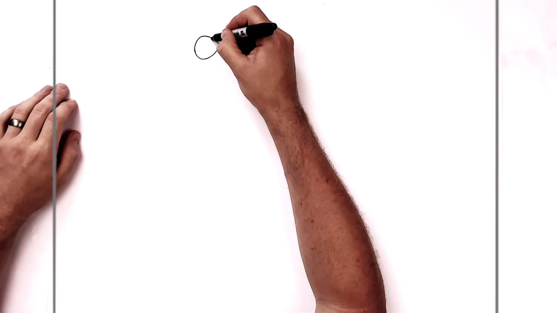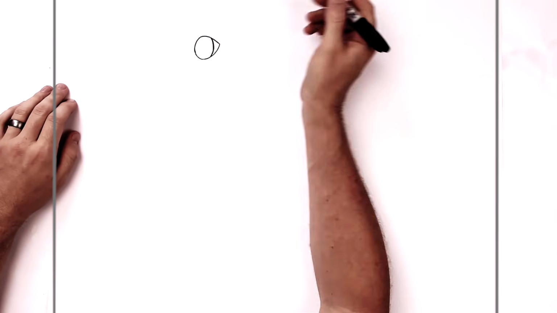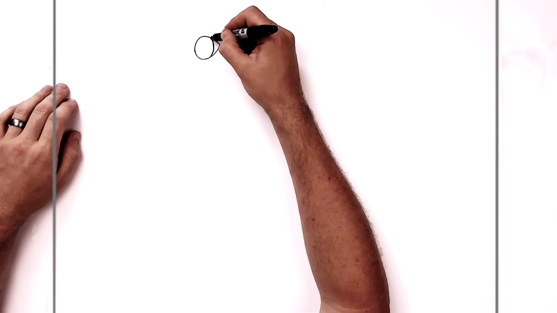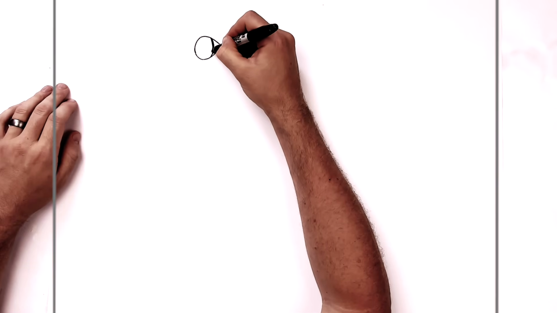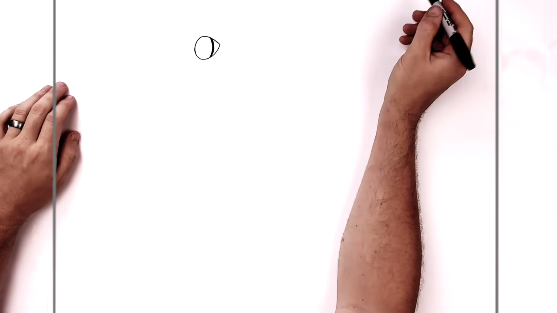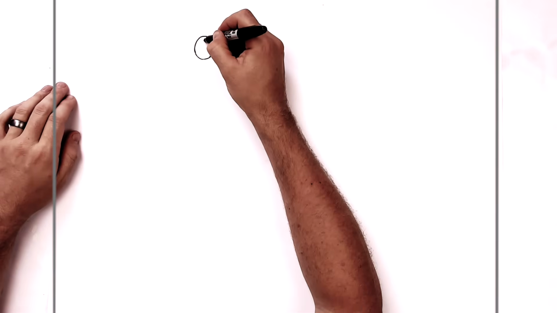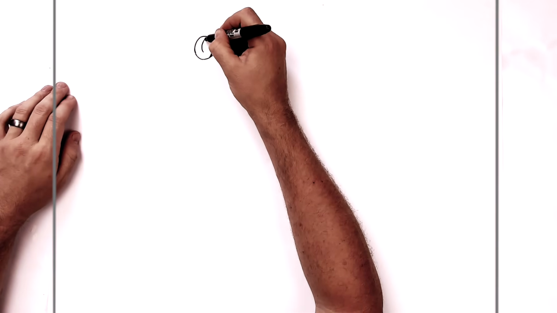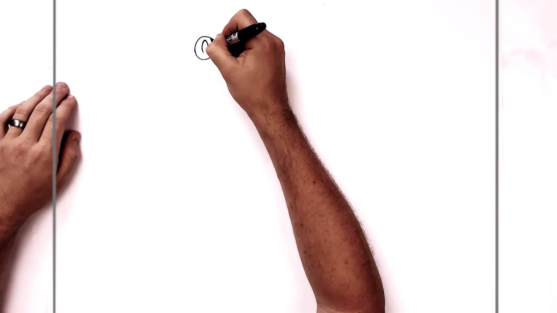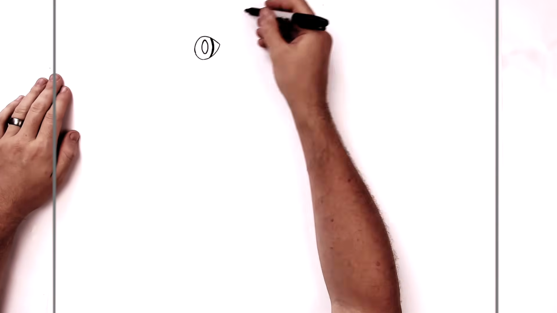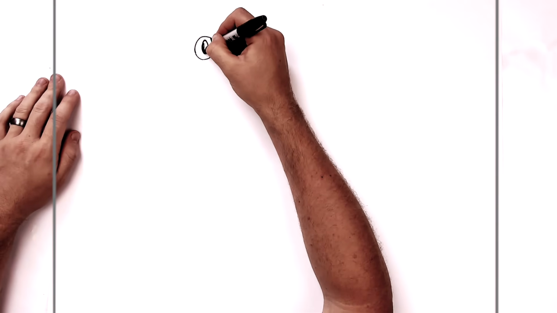So then his iris, curved line just here, like so. You can thicken this up a little bit. Make it a bit dark. And then his pupil, an oval. Just there. And some here.